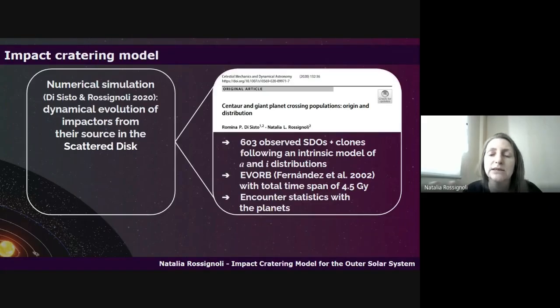So we built an intrinsic model of these distributions for the clones, and we used the EVER code from Fernandez and collaborators from 2002, and we consider the current configuration of our solar system and a total time span of 4.5 gigayears. Then, with this simulation, we can obtain the encounter statistics with the planets.